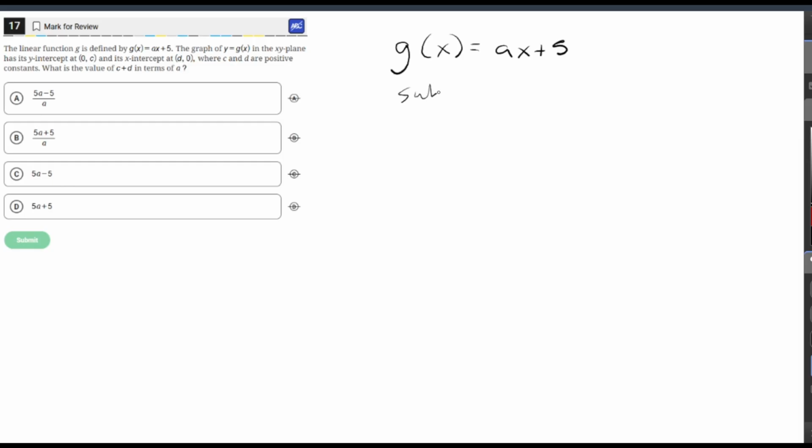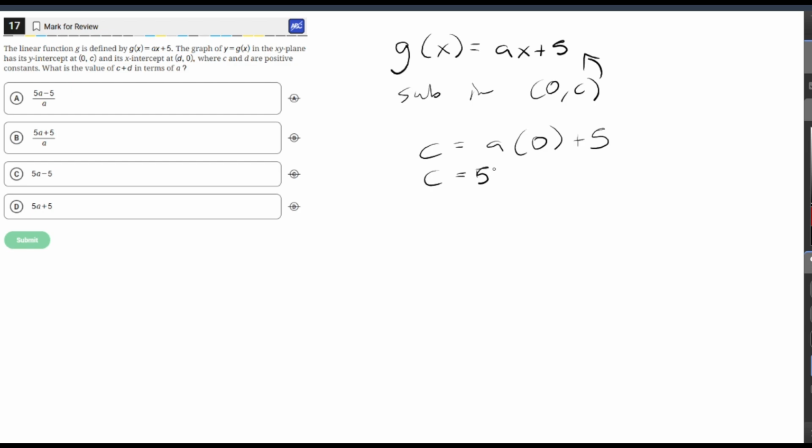So if we sub 0, c into g, we get that c is equal to a times x, which is going to be 0, plus 5, because it's the y-intercept of g of x. So then we get that c equals 5.